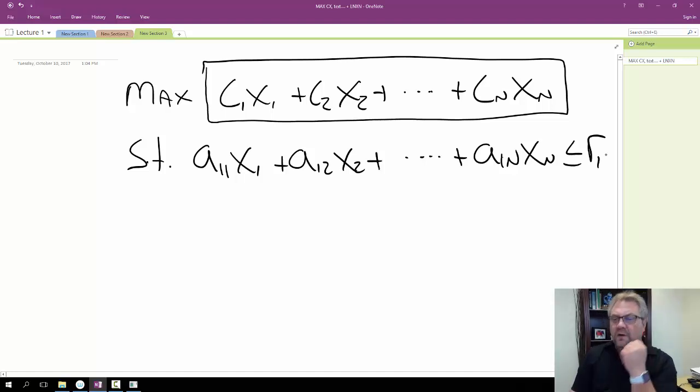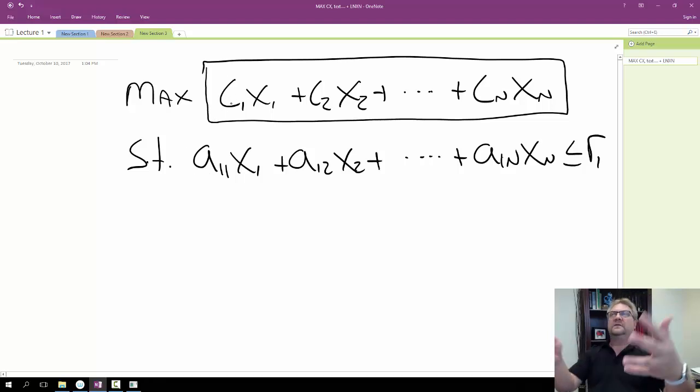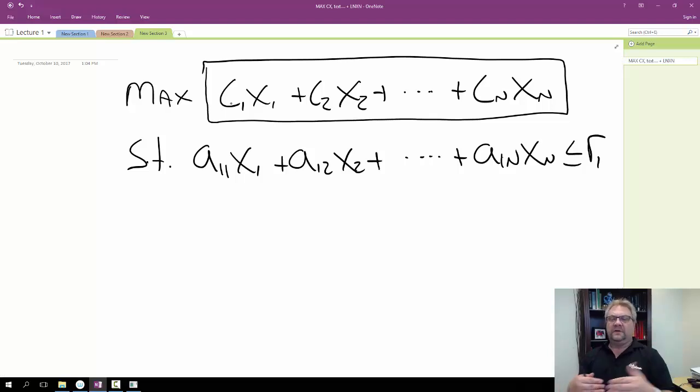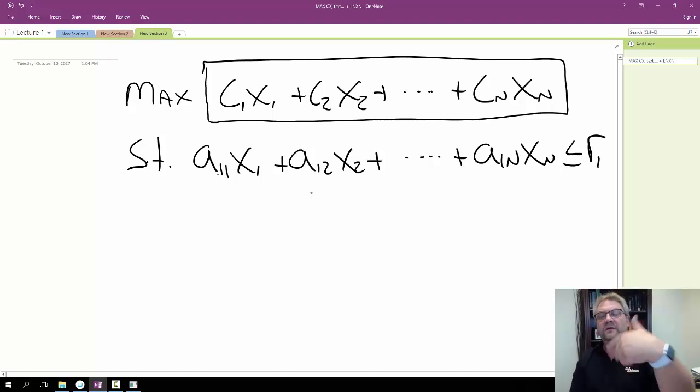Okay? So first of all, these A's are just the parameters in our constraints. We show them differently so we don't get confused. C's are the parameters in the objective function. A's are the parameters in the constraints. The way these A's work, this one is row, the second one is column. All of these can be different. A11 does not have to equal A12, so on and so forth.